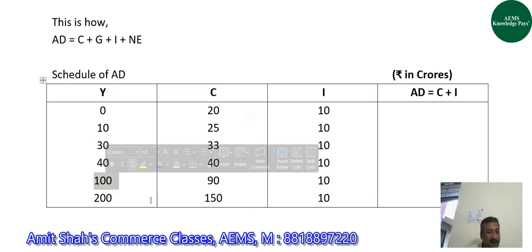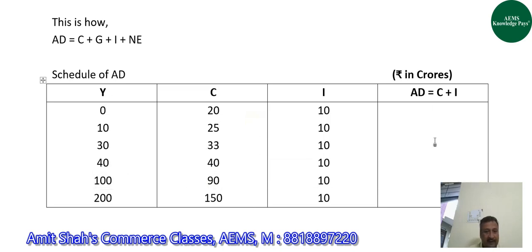Am I clear? If you see here, guys, aggregate demand at this point is equal to income. So here aggregate demand is how much? C plus I is 30, 35, 43, 50, 100, 160. When income was 100 here, the aggregate demand is also 100.